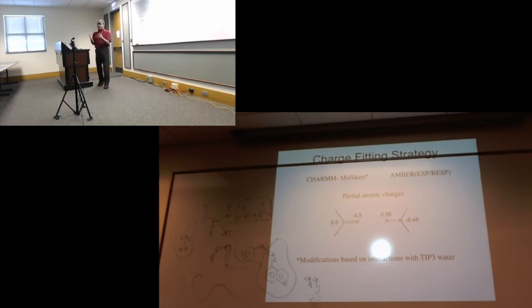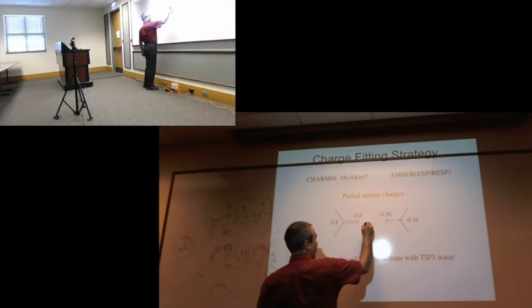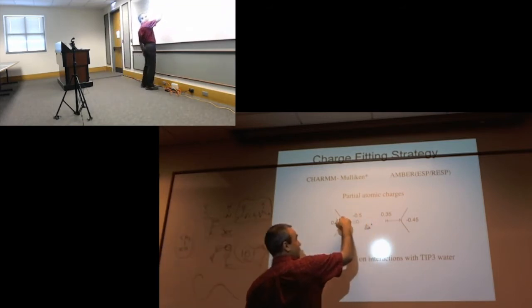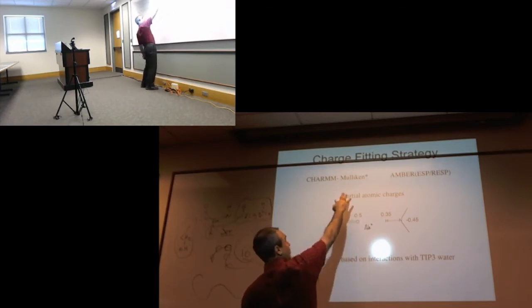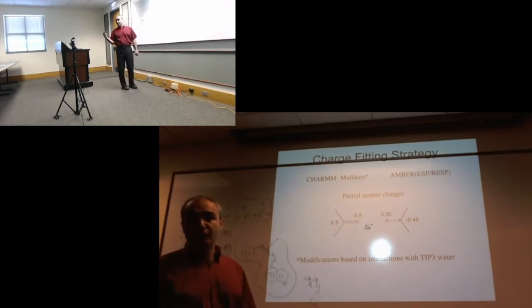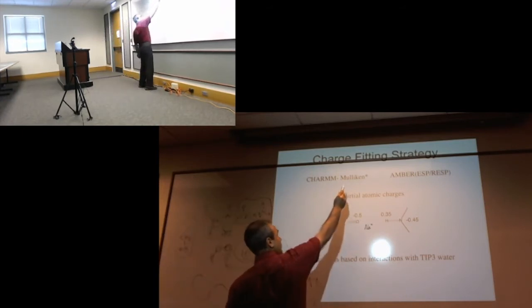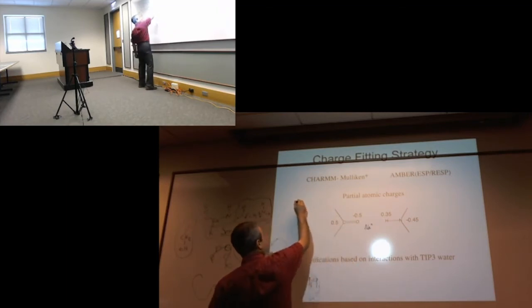But then, of course, the problem is, as we know, let's say if you place a sodium ion here, so these are those charges that come from interaction with water. We start with molecular charges. This is some sort of population analysis in quantum mechanical calculations, and we try to optimize them, modify them, so that you can get the interaction of this guy.